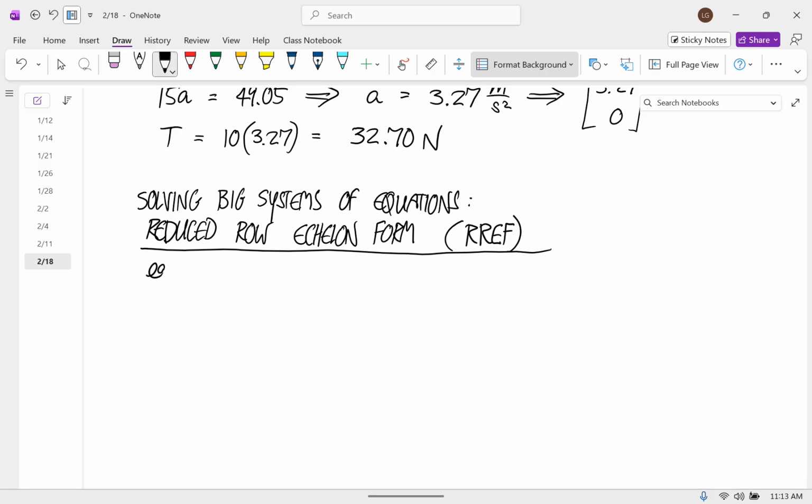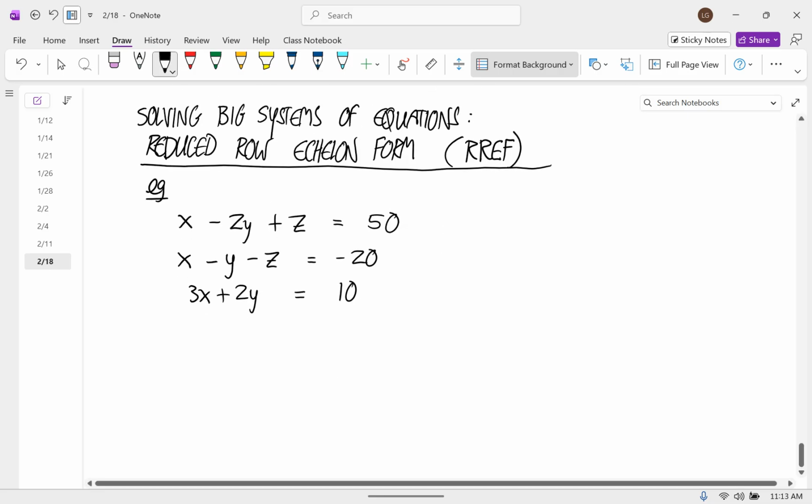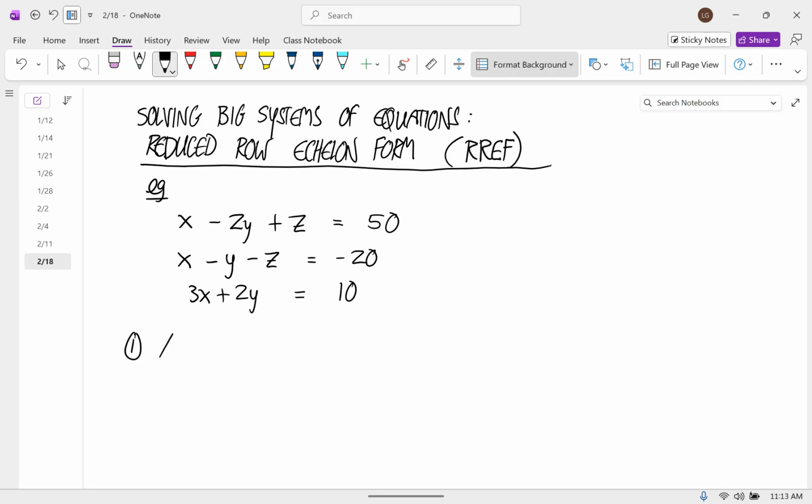I'm going to do it with an example. Here's my system: x minus 2y plus z is equal to 50. x minus y minus z is equal to negative 20. And 3x plus 2y is equal to 10. And so the first step is to make an augmented matrix.